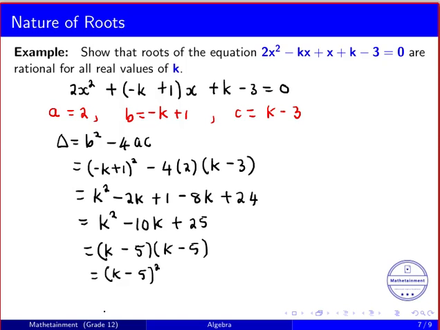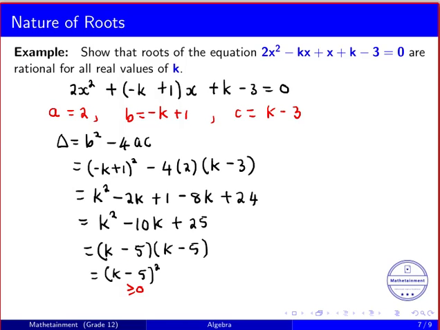Now, we are told that k is a real number, and 5 is definitely a real number. So the difference, k minus 5, is also a real number, and therefore the square of that difference is greater than or equal to 0, because the square of any real number is non-negative.